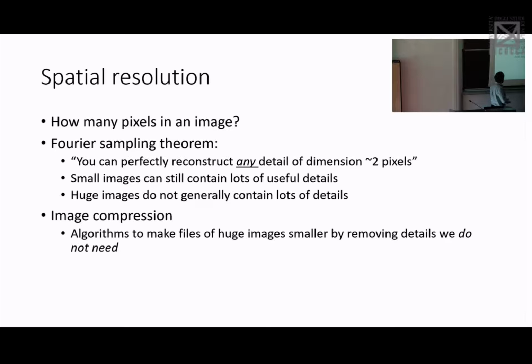Also, you need to make a distinction between the spatial resolution described by the sampling theorem and what happens with image compression. Image compression is not something that is used in medical imaging, at least lossy compression like JPEG, because it makes you lose details, and that's not something you want. However, it is needed to make files of huge images smaller by removing the details that we do not need.